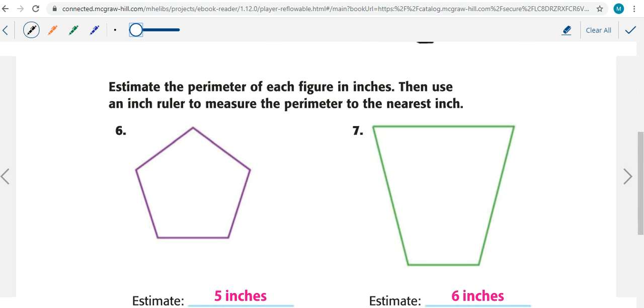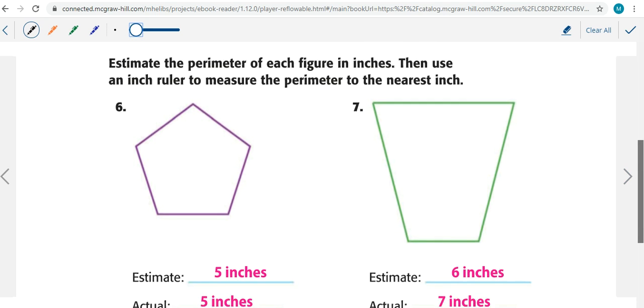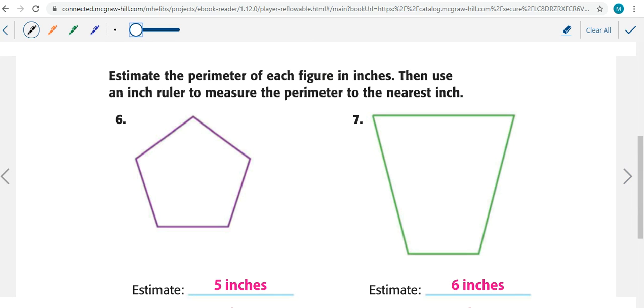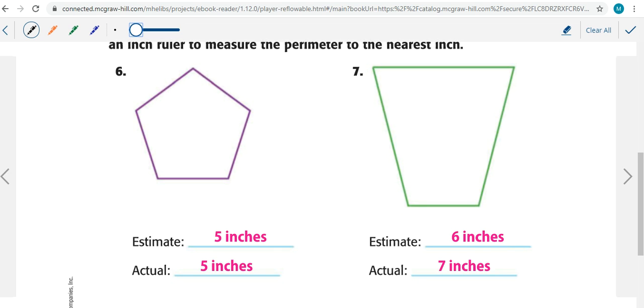Now, estimate the perimeter of each figure in inches, okay? So first you have to estimate. We might say that this is 5 inches and the actual measurement is 5. Now, how did we get 5? From here to here, it's 1 inch.